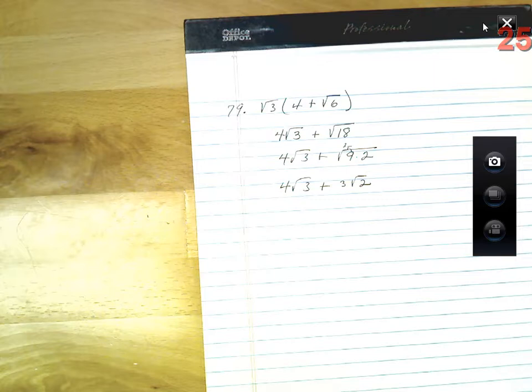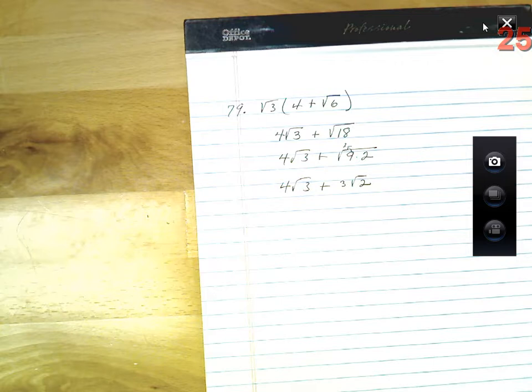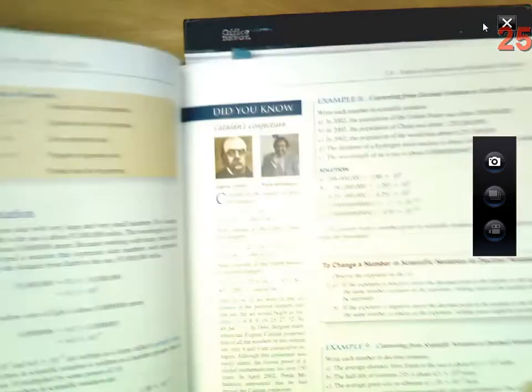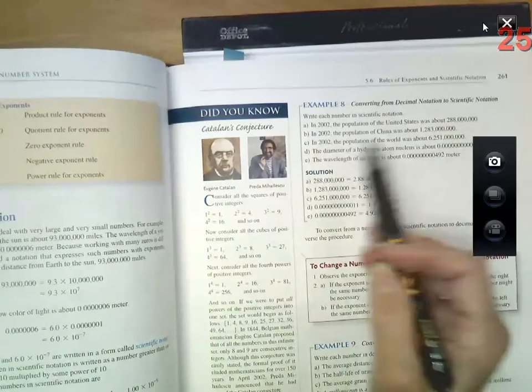If you want to see if you know how to do these, then you just go back to each lesson and work a few problems that we have had. Some of them we didn't do, but especially if you want to review scientific notation on page 261, here's all these different problems.